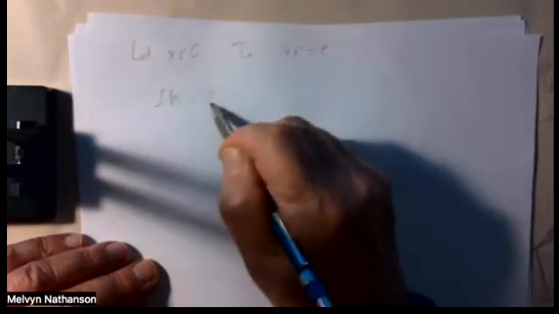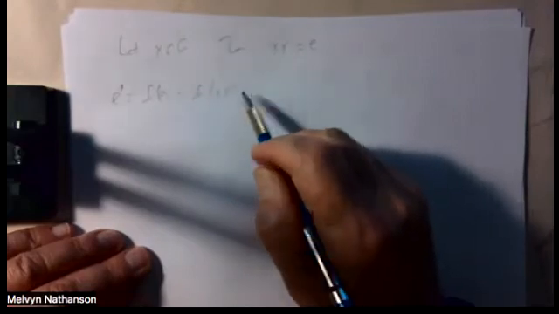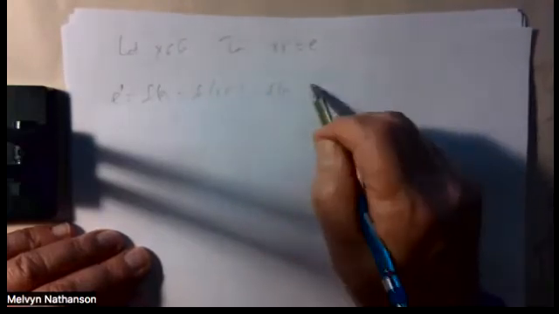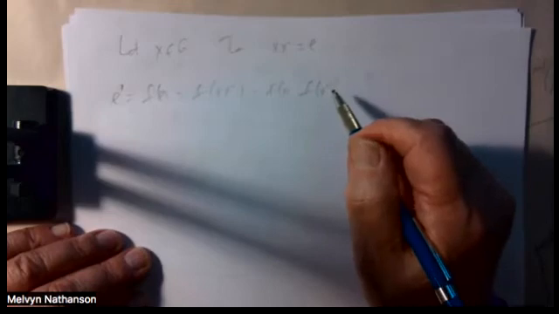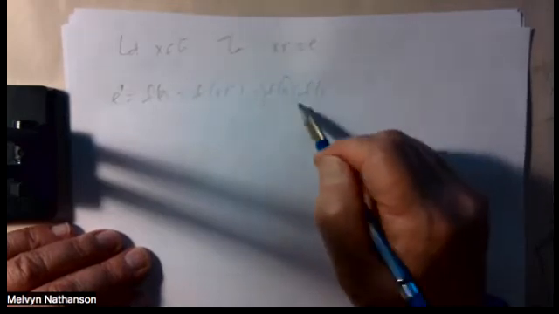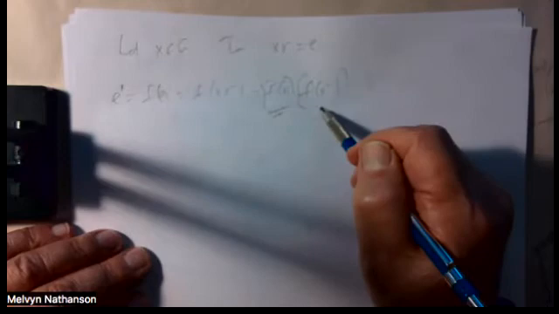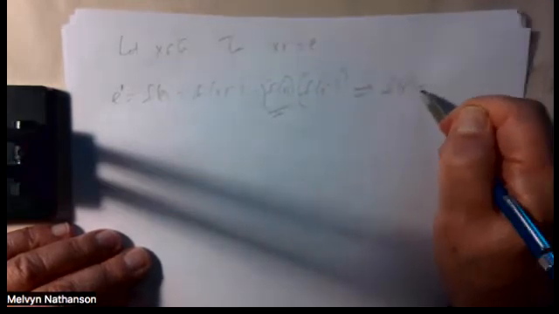So f of the identity is f of x times f of x inverse. Of course, f of the identity E is E prime. So E prime equals f of x times f of x inverse, which means if I multiply f of x by this element, I get the identity, which means f of x inverse must be the inverse of f of x.